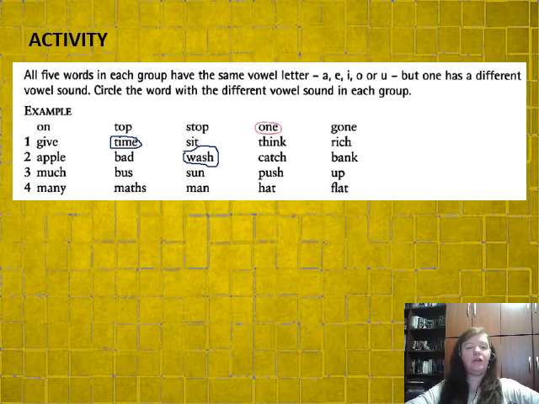In number 3, you have march, bus, sun, push, and up. Which is the different one? Push. In number 4, you have many, math, man, hat, and flat. So the one that is different is many. Did you check? Perfect.